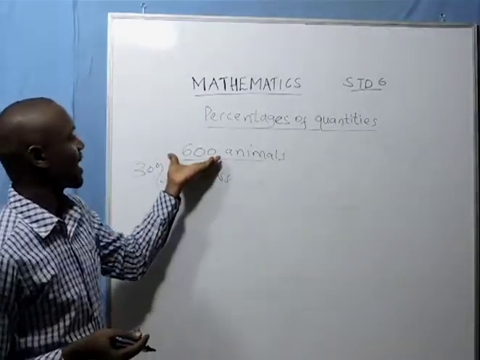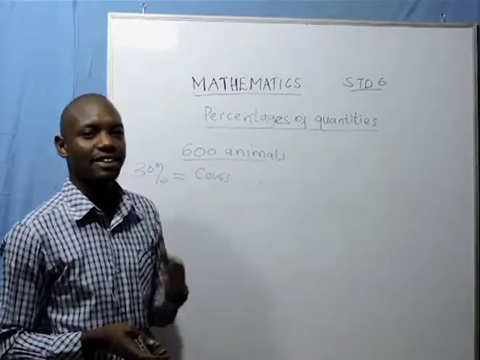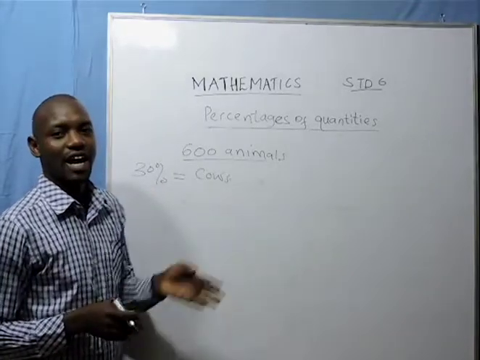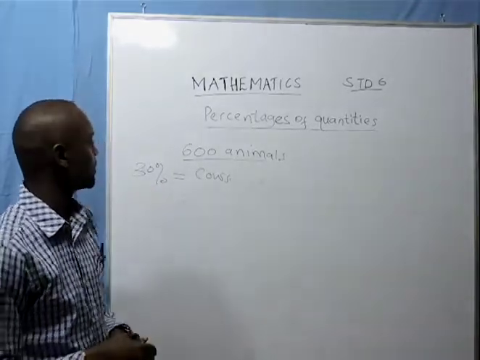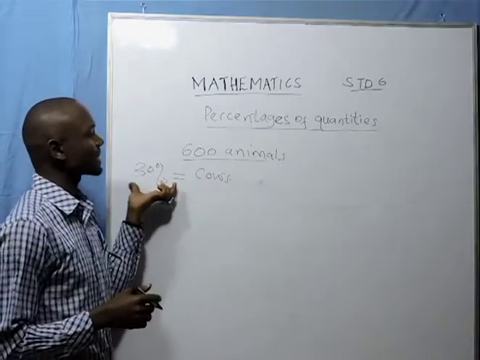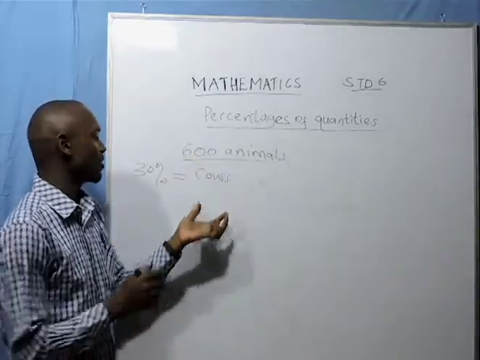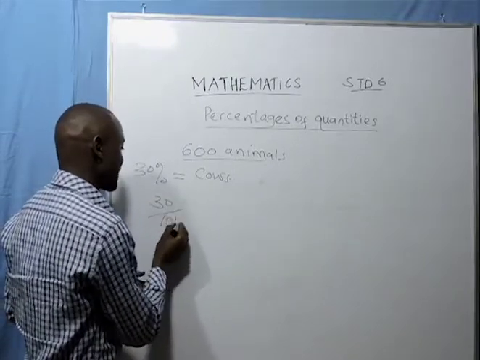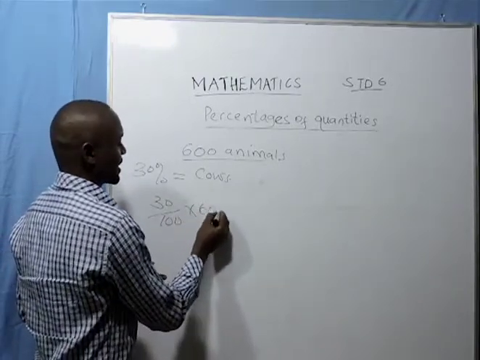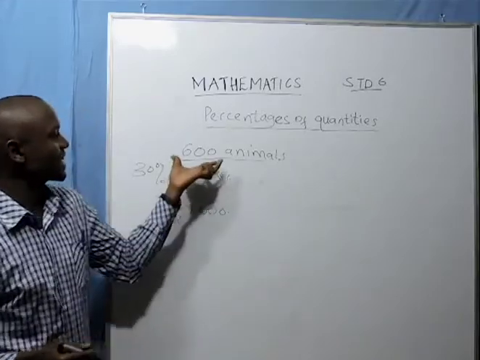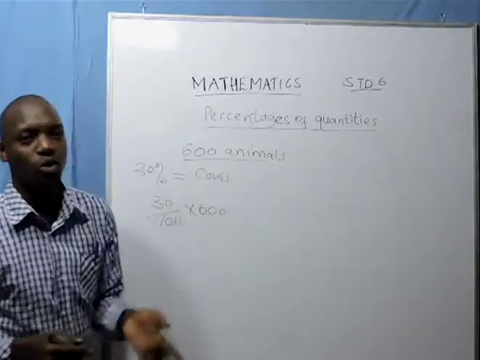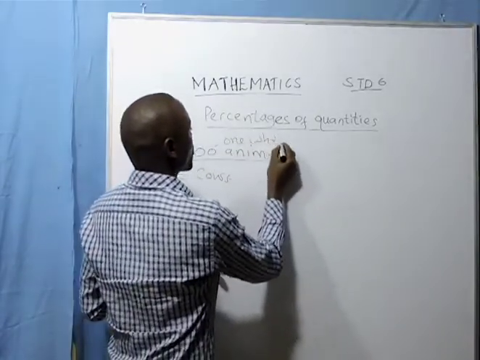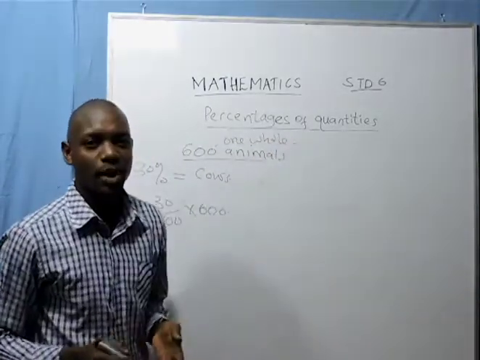There are 600 animals in a farm. 30% of the animals are cows. So how many cows are in that farm? So 30% of 600 animals, the fraction of the cows will be 30 over 100 times 600 animals. Because 600 represents one whole, or a whole quantity, which is represented by what percentage?